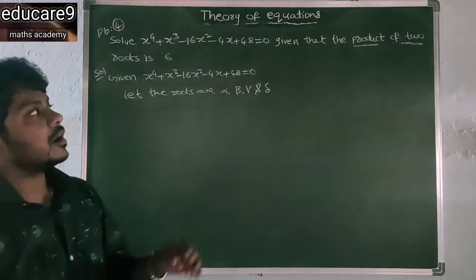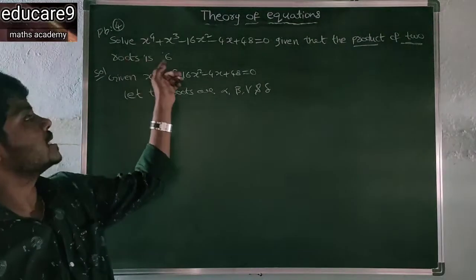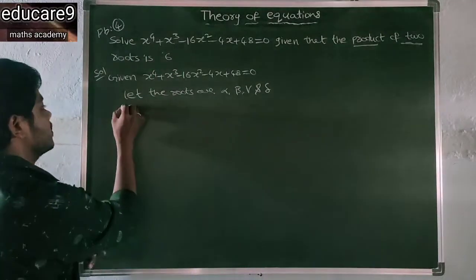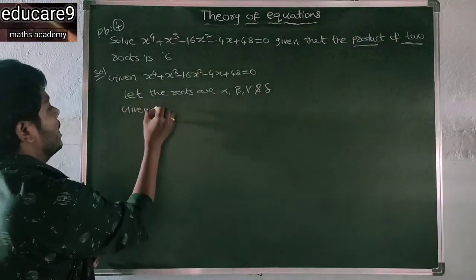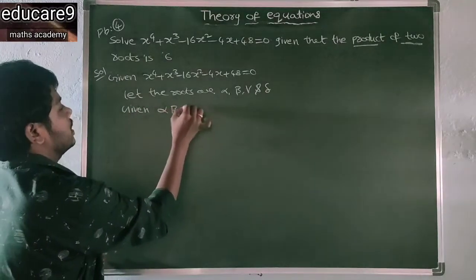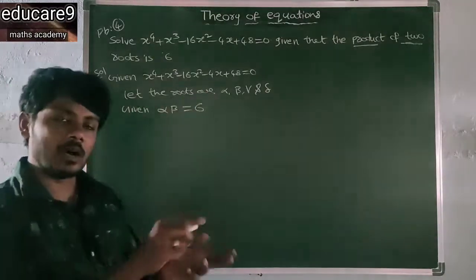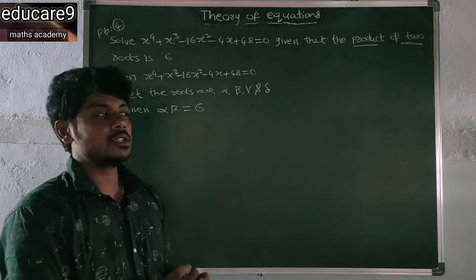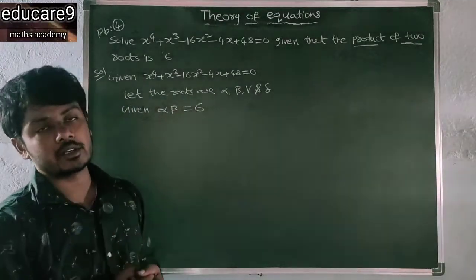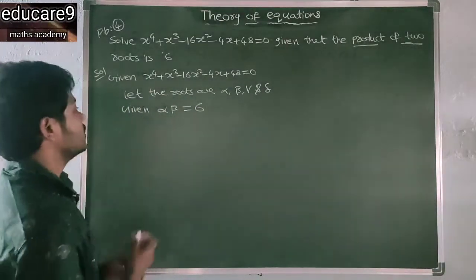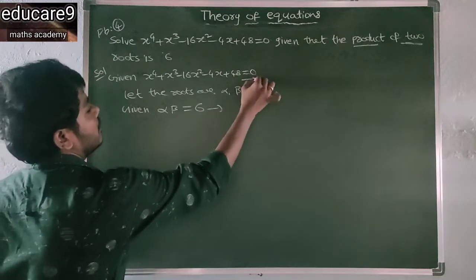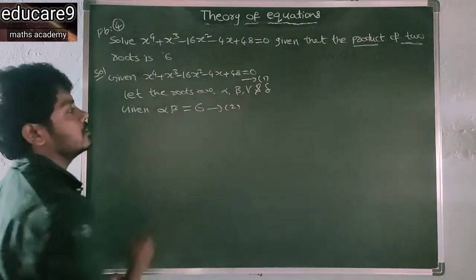In that, the product of two roots is 6. So given alpha into beta is equal to 6 or gamma into delta is equal to 6. So take any product of 2. So this is equation 1 and this is equation 2.